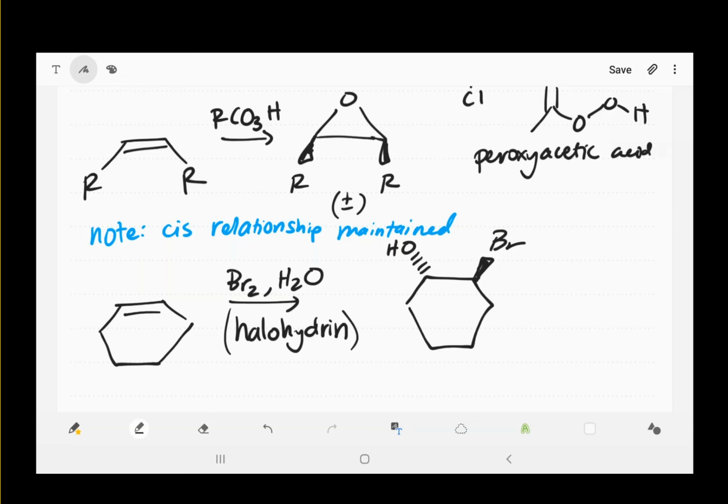So you get a halogen on one carbon of that alkene, and you get an alcohol on the other side. Do you remember this goes through a cyclic bromonium ion? Remember, these words might be somewhere in your brain.